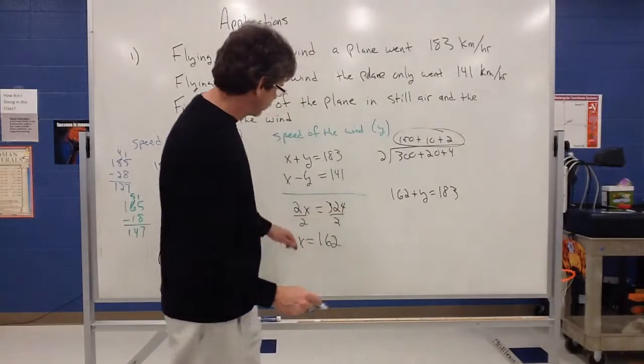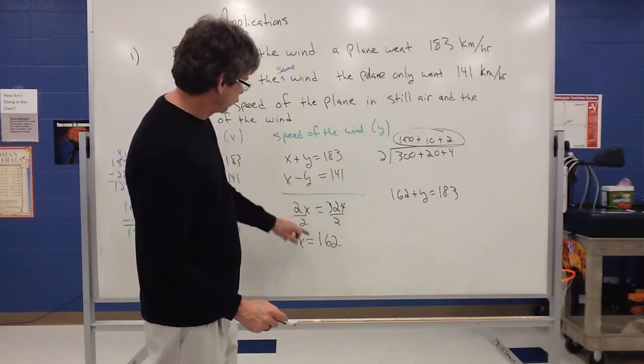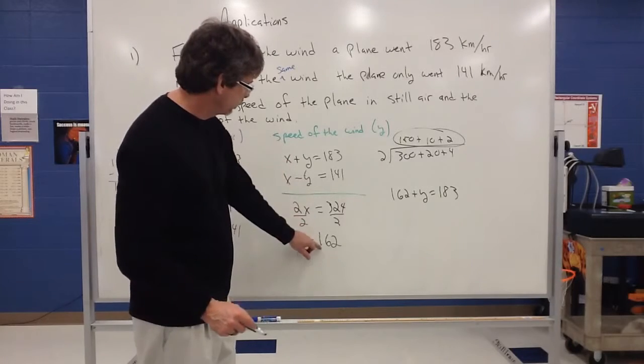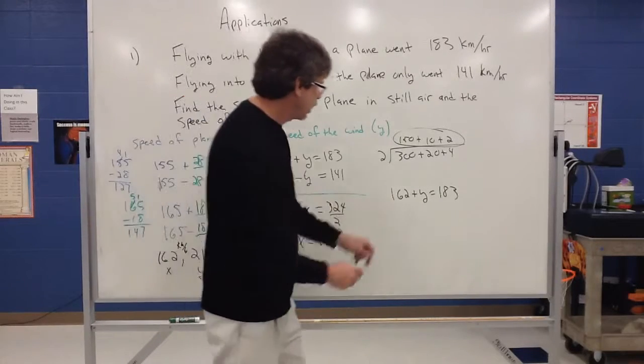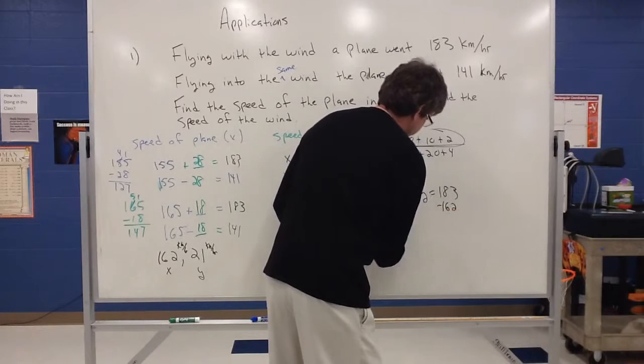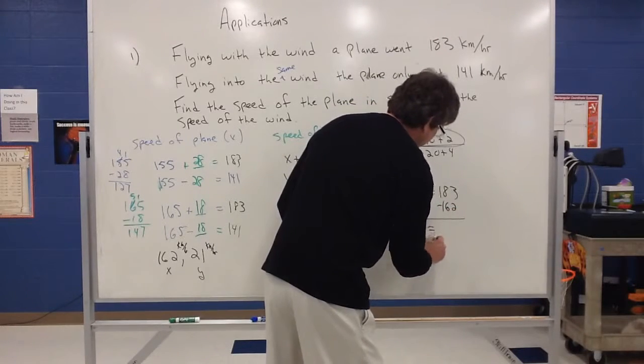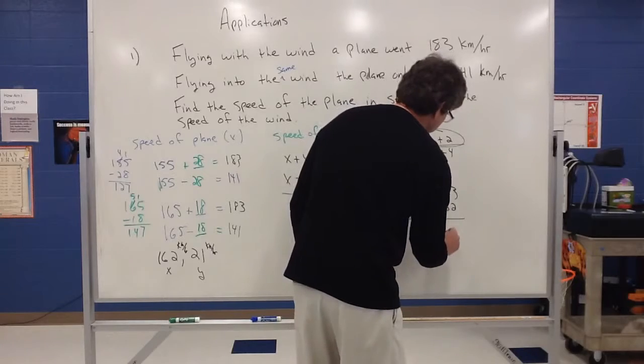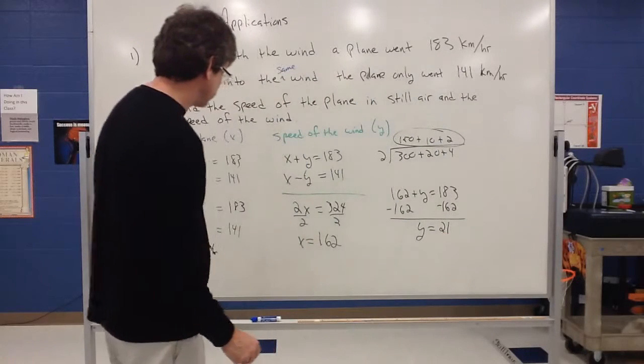And since I substitute 162 in for x, I can now solve for y by using my 0 pair. So y is going to equal 21.